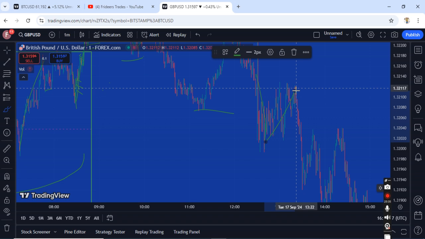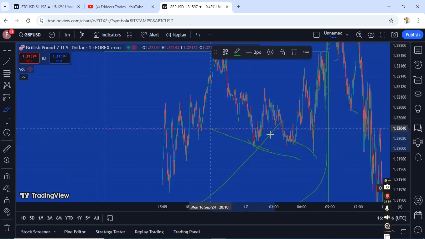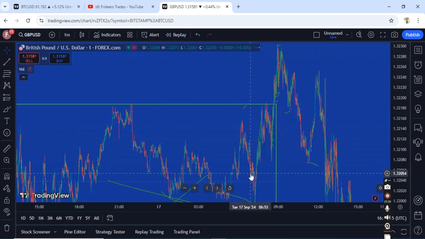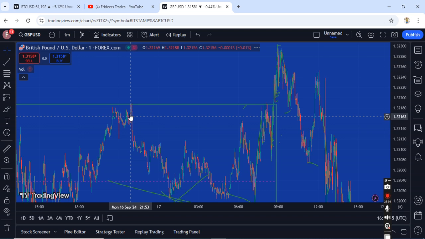It's a continuous cycle. Then you had this as liquidity. This was the consolidation phase of the market, like I told you, power of three. When the market consolidated at this particular stage, I saw this as a double top.